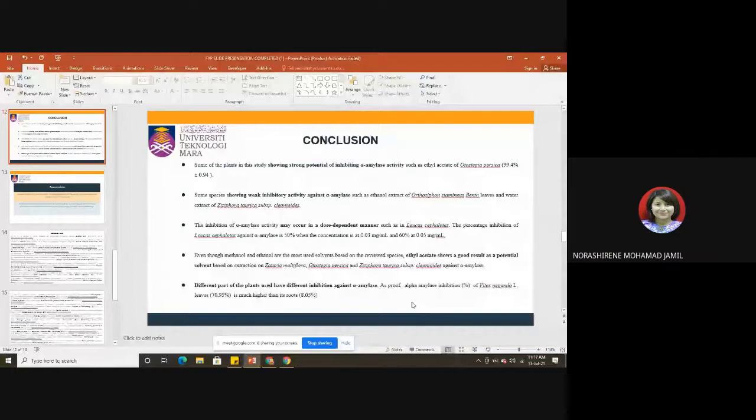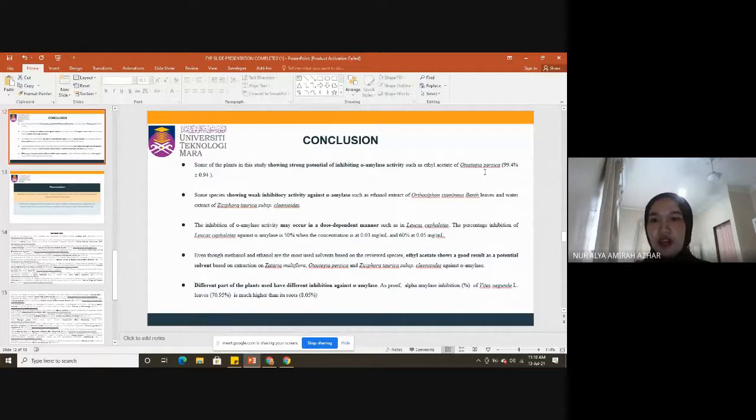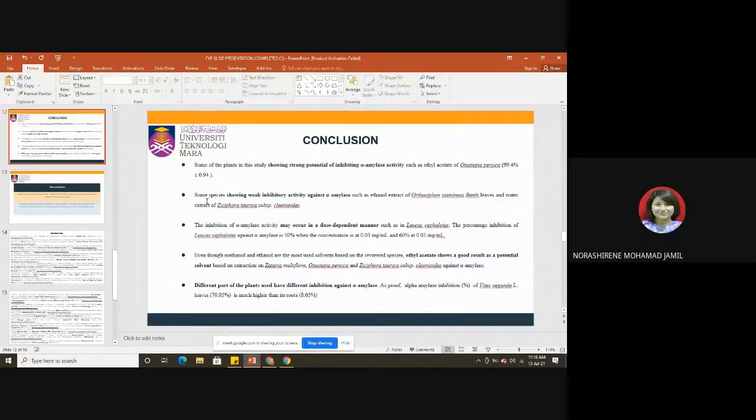So is ethyl acetate generally a good solvent for all types, or just for Asteraceae persica? There are 3 species that use ethyl acetate that show higher alpha-amylase inhibition than other solvents. I see. Okay. All right.